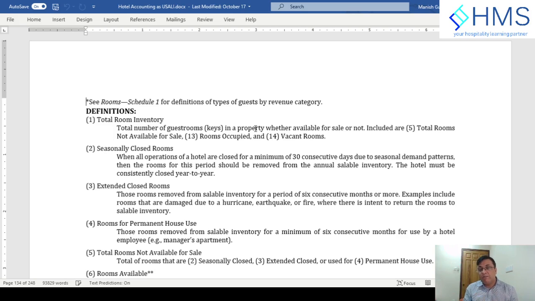Why this is done is because if you are comparing one hotel with another hotel which is operating maybe 12 months, then the comparison of occupancy and ADR or RevPAR will not be apples to apples, because one hotel is not able to operate, and another hotel is able to operate for 12 months.